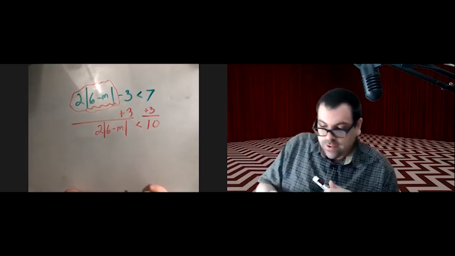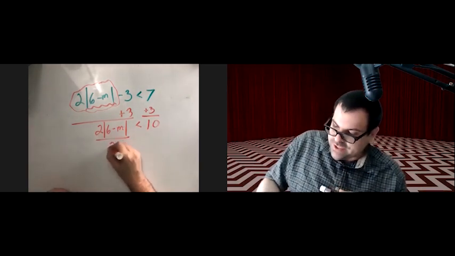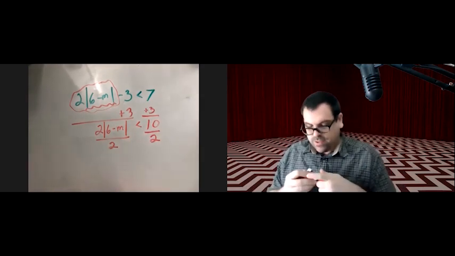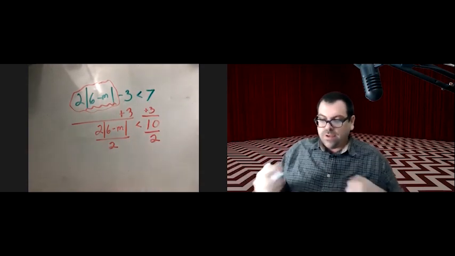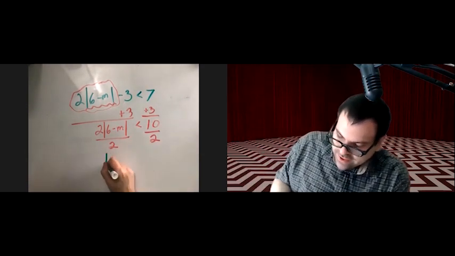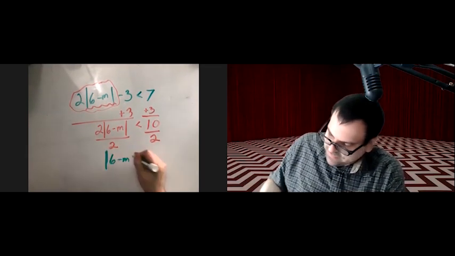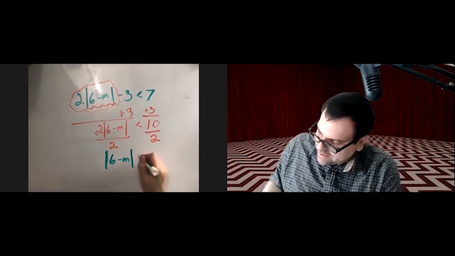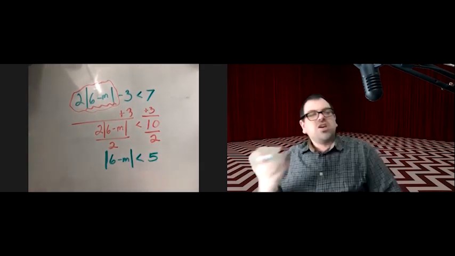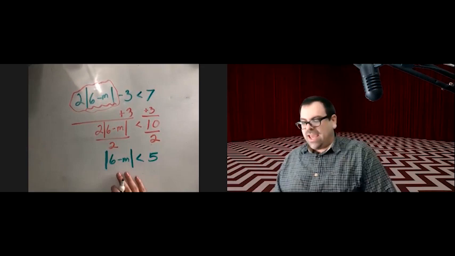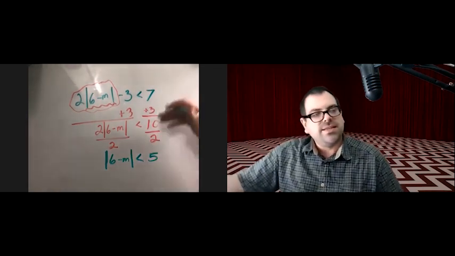Next, divide both sides by 2. We get the absolute value of 6 minus m, not 16 minus m, is less than 5. Just like the x version had x is less than 5 because we did the same things.